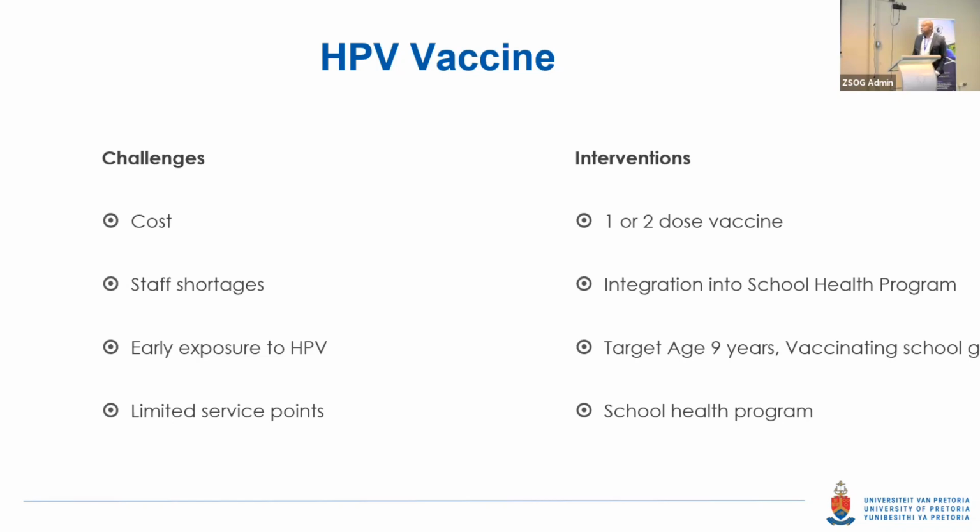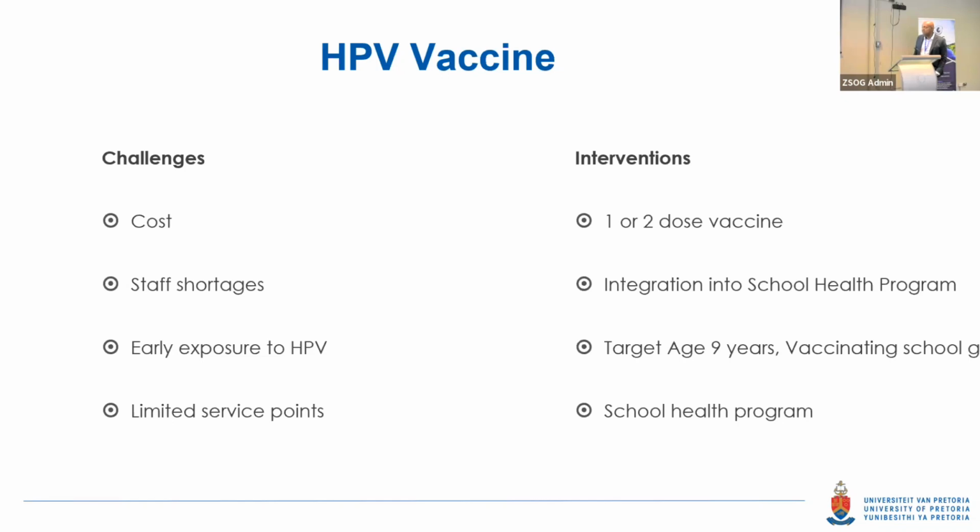Since 2014, we have had challenges, and even before that, we looked at our situation and said cost was going to be an issue. Shortage of staff and service points was going to be an issue, and our population tends to be exposed early to HPV, as early as 10 years.